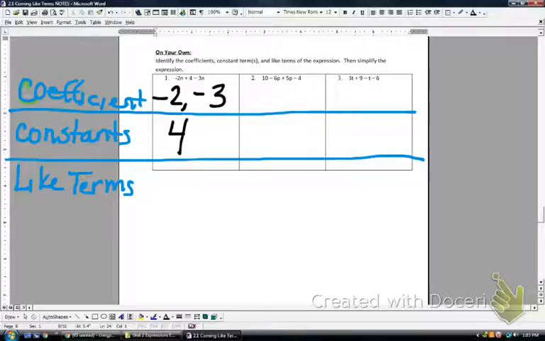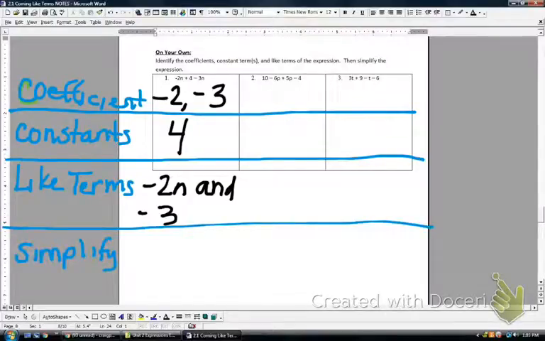And then my like terms are things that match based on the variable. So in this problem, I have negative 2n and negative 3n. Those are my like terms. And then the last thing I need to do is simplify. So when I simplify that based on the like terms, I have negative 2n and negative 3n.